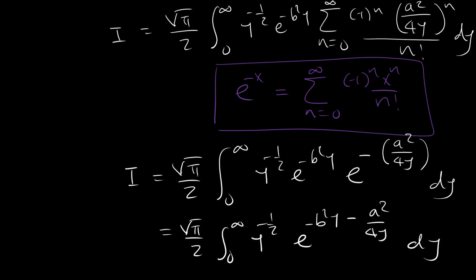transformation taking shape for us. And one thing we could do is do a quick substitution. Maybe we can introduce a t there in a bid to take away this guy here. So what do we said? We have I equals to negative b squared y minus a squared over 4y.